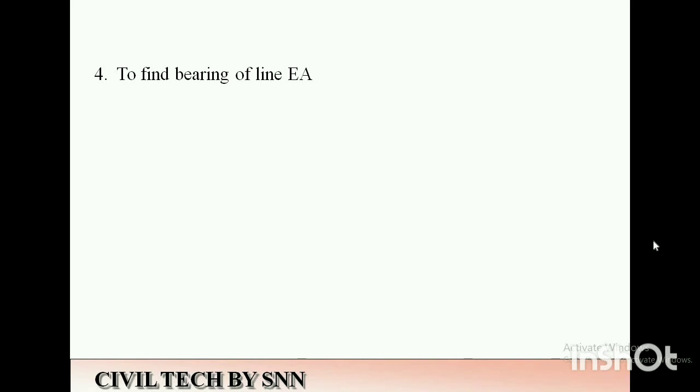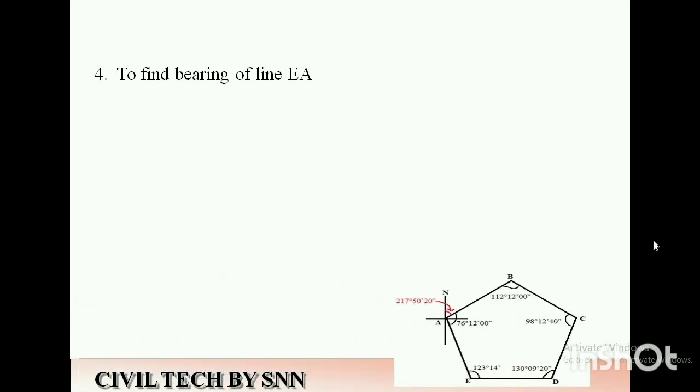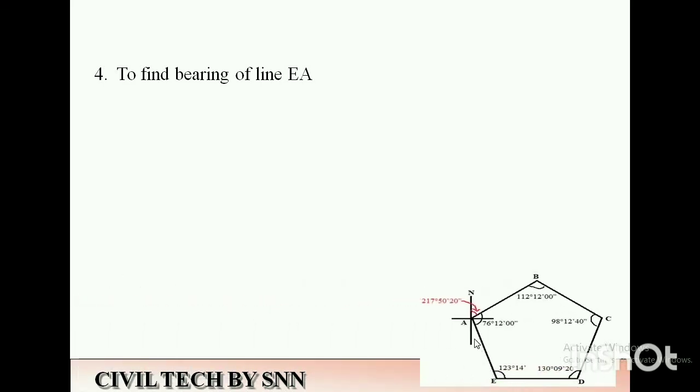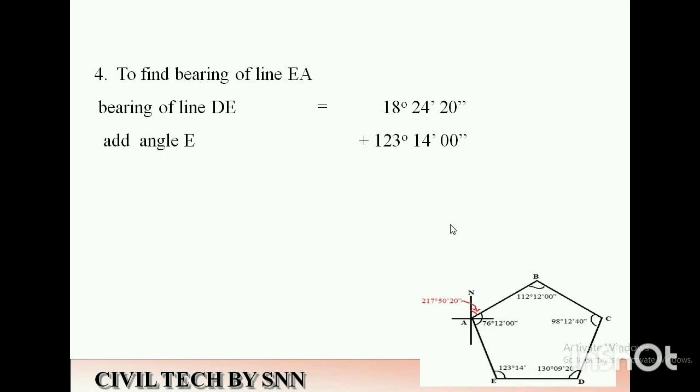Our next line is line EA. So before line EA, the previous line is DE. So the bearing of line DE, which is 18 degree 24 minute 20 second, add angle E, which is 123 degree 14 minute 0 second.